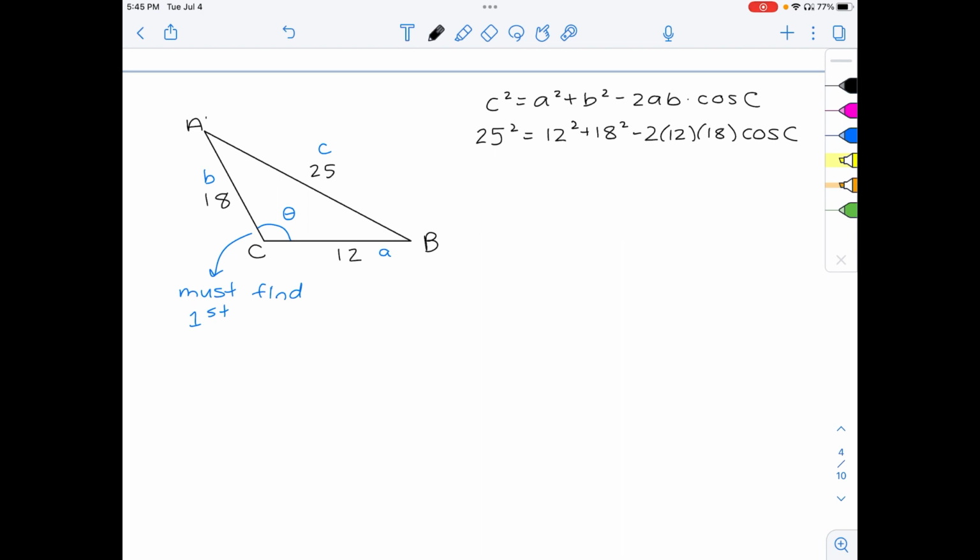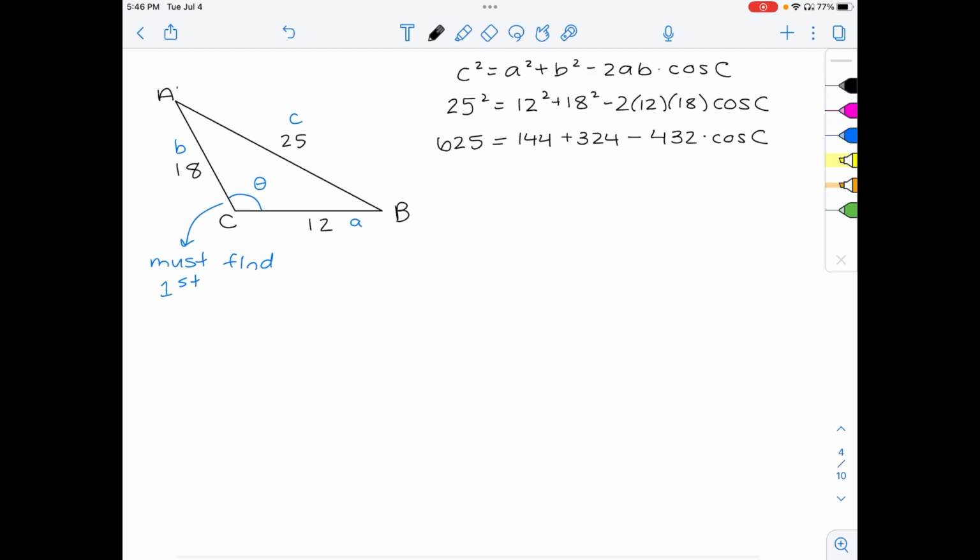So 25 squared is 625. 12 squared is 144. 18 squared is 324. I keep my subtraction sign here, and then 2 times 12 times 18 is 432, and this is still just cos C. So only one letter left once we fill in everything that we know.